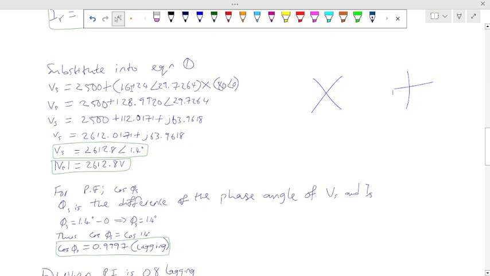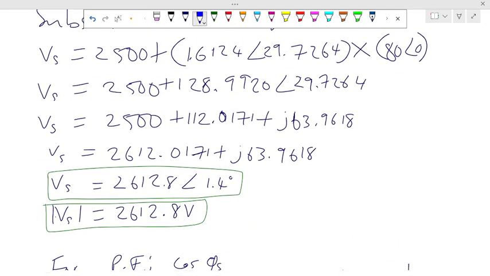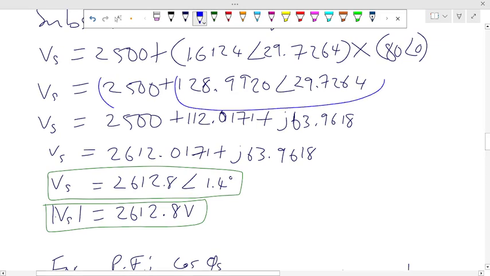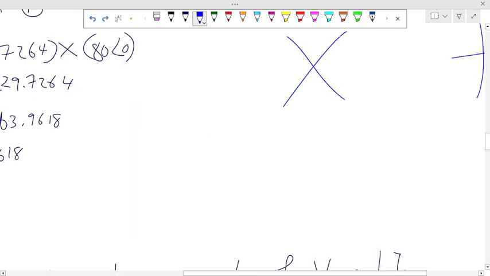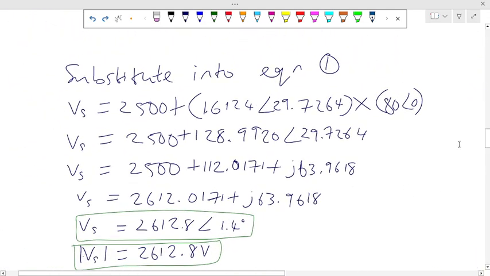Then after doing that, let's go closer. Since this point is in polar form and this one is not in polar form, what we have to do is convert this back to rectangular form so that we can do the addition here.